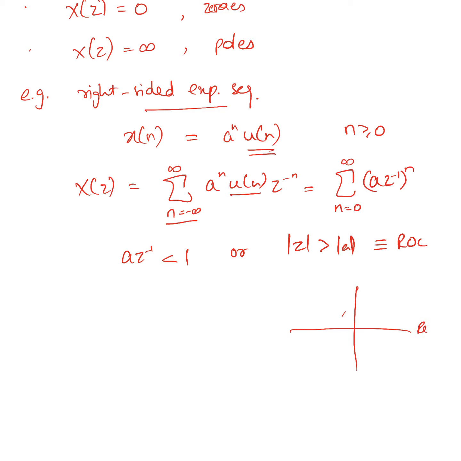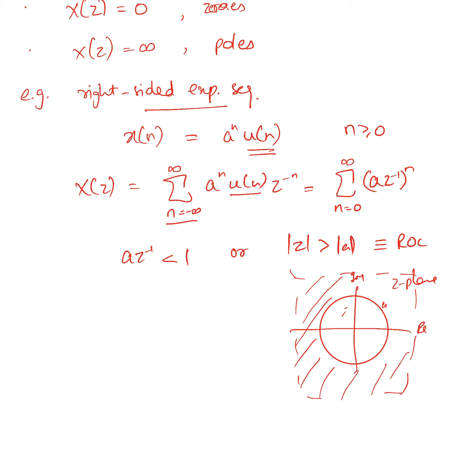This is the real part, this is the z plane, and this is the imaginary part of the z. So let's say we have this circle of some radius a, so the region of convergence is all this portion which is greater than a.